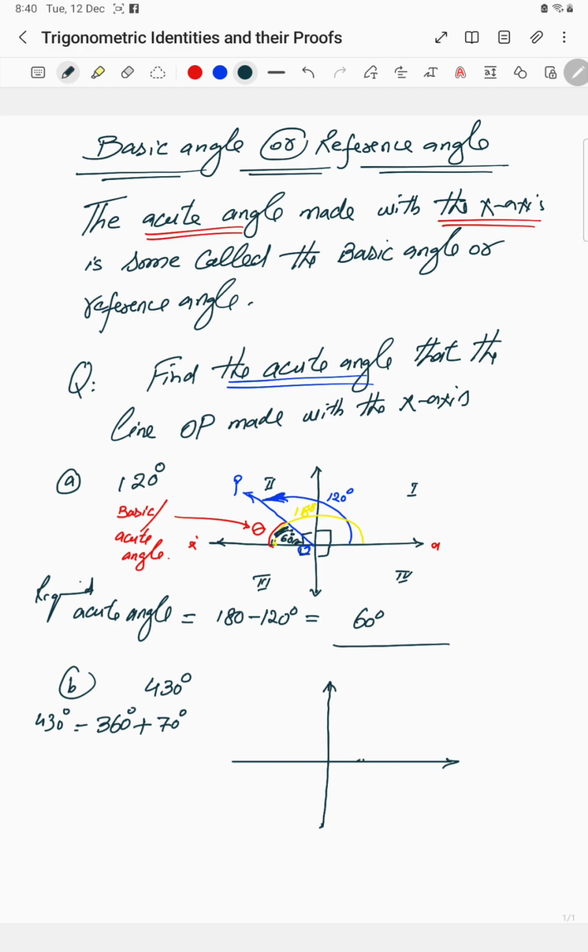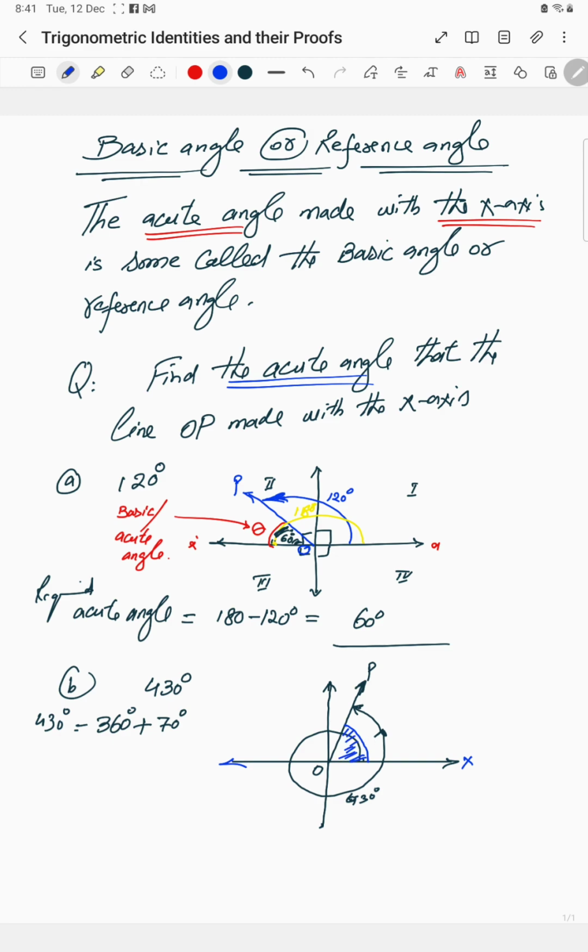So it means once you rotate anti-clockwise till here, then you need to proceed a little up. How much up? 70 degrees. So I can proceed till here. So this represents the 430 degrees. So what will be the basic angle? It means OP is lying here, and we are looking only for this basic angle that is made with the x-axis.